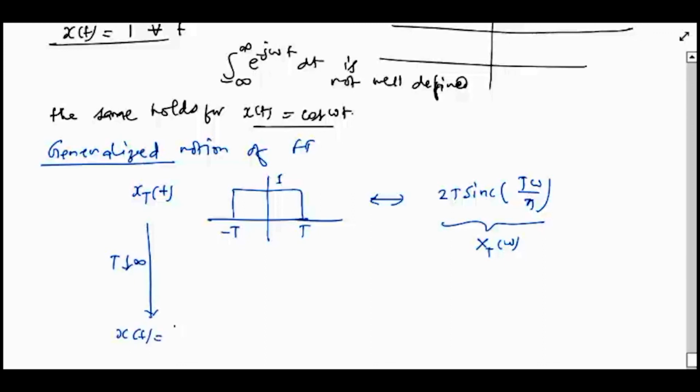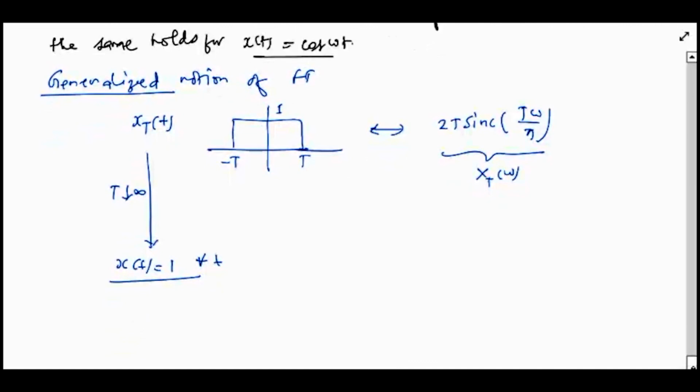Why? Its width becomes longer and longer, so it converges to the constant function. So we would expect that the Fourier transform of the constant function will be given by the limit as T tends to infinity of X_T(omega).